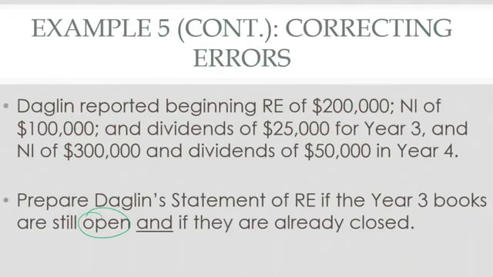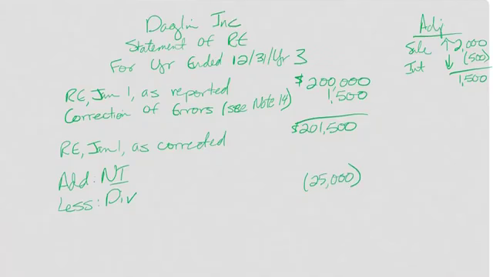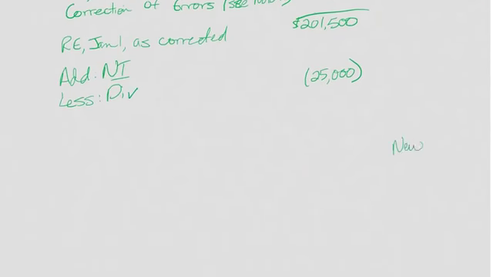The dividend number was given to me. It was $25,000, and we were told the net income was $100,000, but we did some things that changed net income. So I can put in the dividends of 25. Before I look at net income, I need to take a look again at my journal entries for when the books were still open to see what, if anything, affected my net income number.